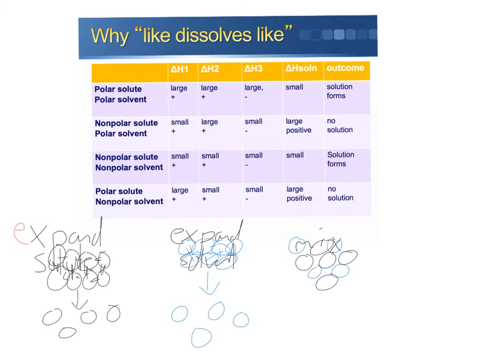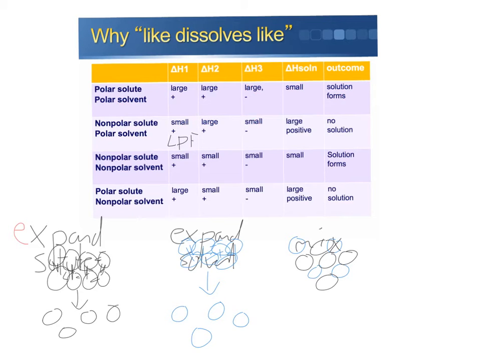If I have something that's polar and nonpolar, one of them is going to have a very small energy requirement because it's nonpolar. It has very weak forces, LDF. The other one, being polar, is going to have a very large energy requirement. And there's almost no attraction when they come together.